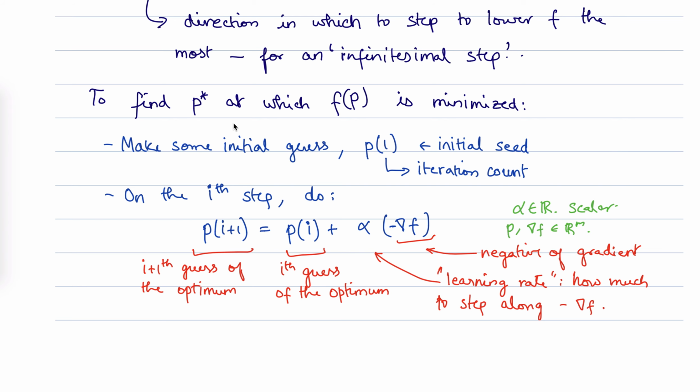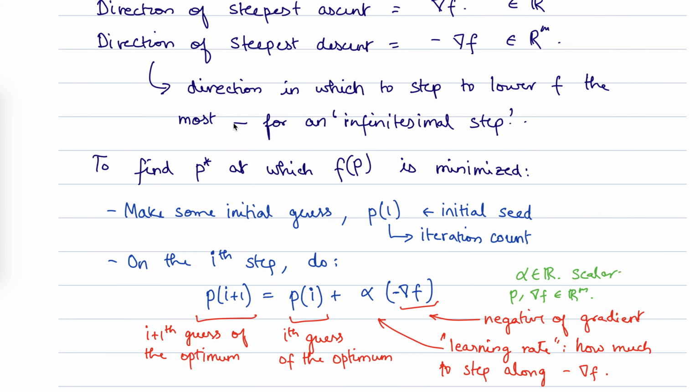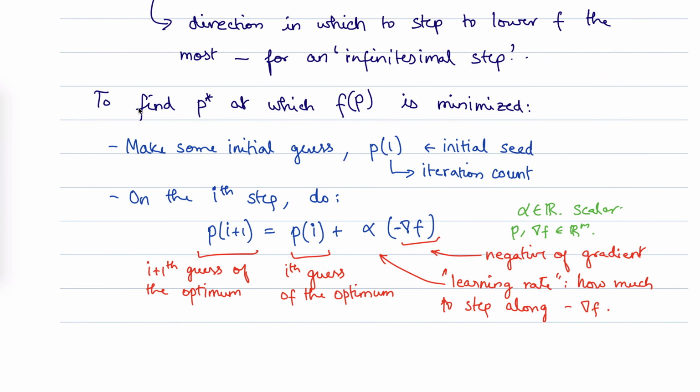Now, how do we operationalize this idea in the context of an iterative method? And this is how you do it. Let's say you want to find p star at which f of p is minimized. You start somewhere. You make an initial guess about where the optimal value of p is, and we're going to call that p of 1.